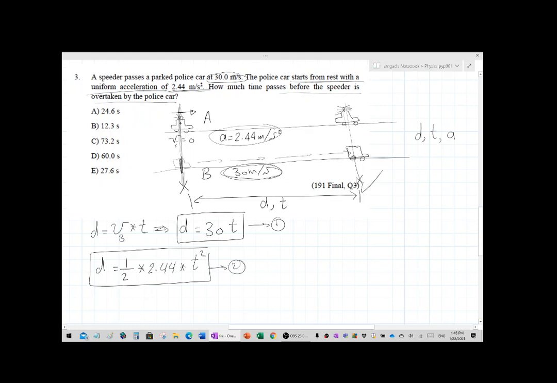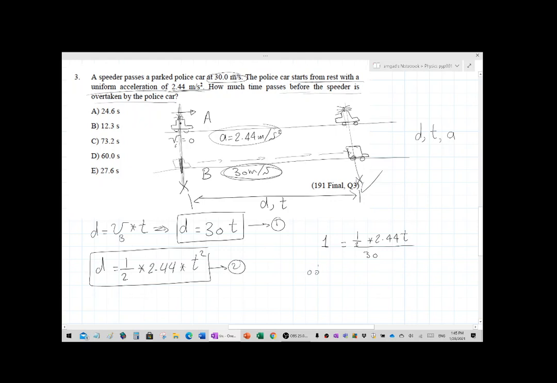How to solve those two equations together? I can divide 2 over 1. So D over D gives you 1. And half times 2.44 T square divided by 30 T. We can cancel this T with the square.